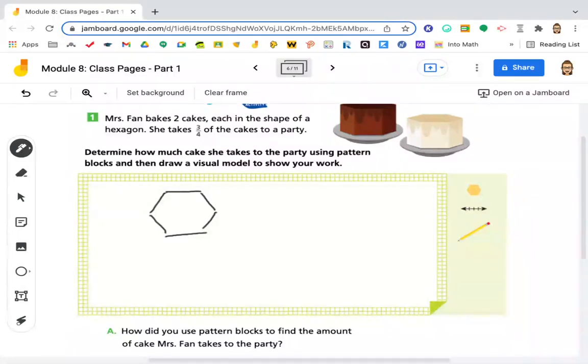So there's 1 cake, and then the second cake. Now, she takes 3/4 of the cake. Well, I can make it so that I have 4 parts all together: 1, 2, 3, 4. And she's taking 3/4, so we're going to shade in 3 of the parts.